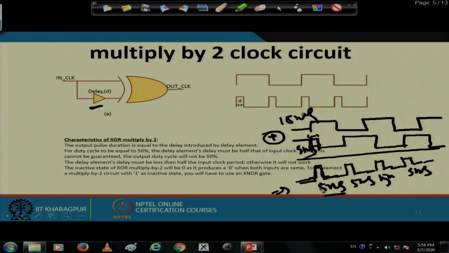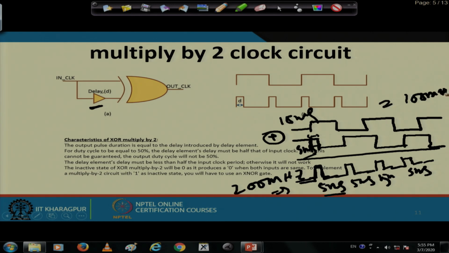As the time period becomes 5 nanoseconds, the frequency of this clock will be 200 megahertz, whereas when the period of the input clock is 10 nanoseconds, it is 100 megahertz.